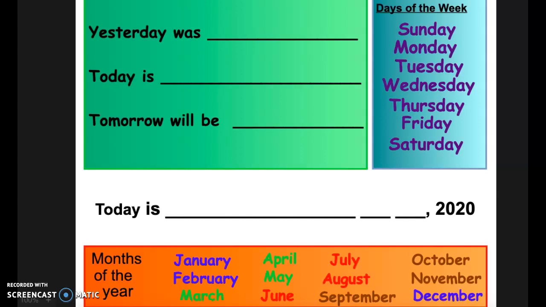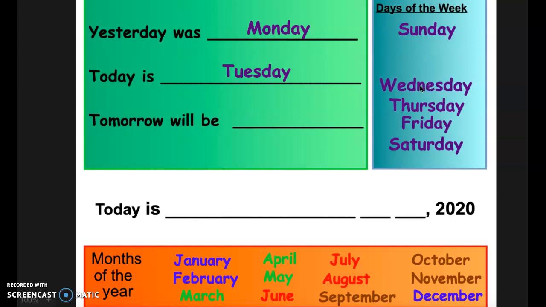So yesterday was Monday. Today is Tuesday. And tomorrow will be Wednesday. So yesterday was Monday. Today is Tuesday.